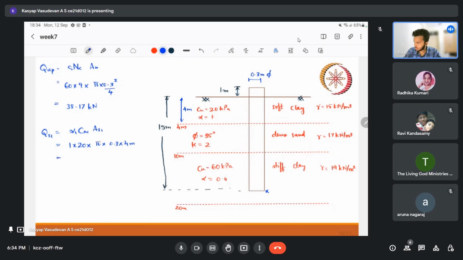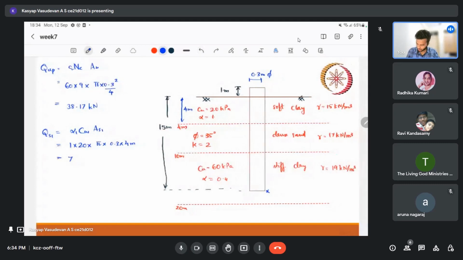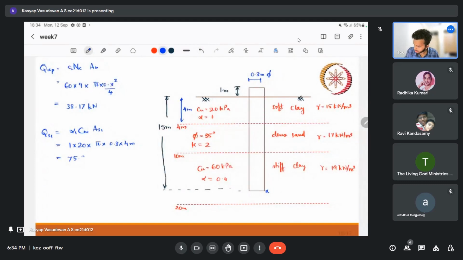This turns out to be 75.339. That was easy. But for the next layer, Qs2, our shearing resistance, we have to write it as K sigma dash average into tan delta.